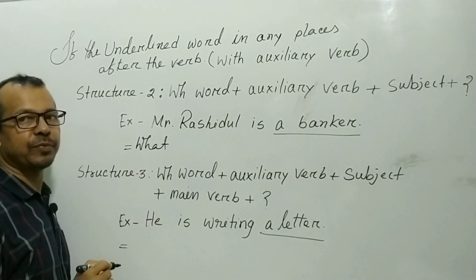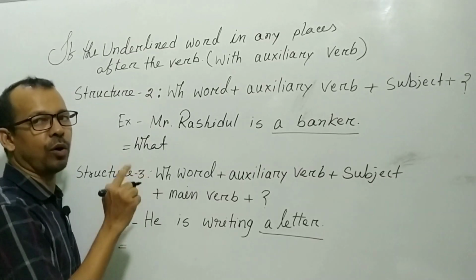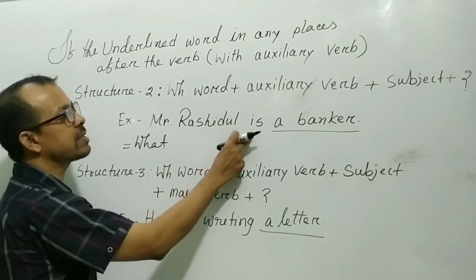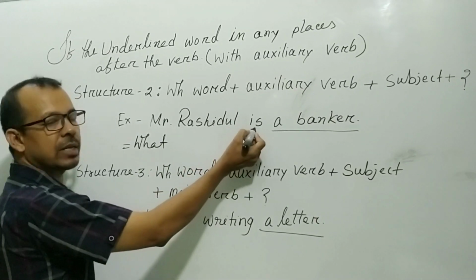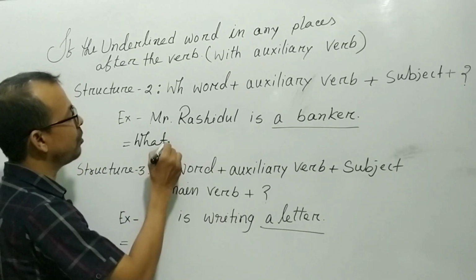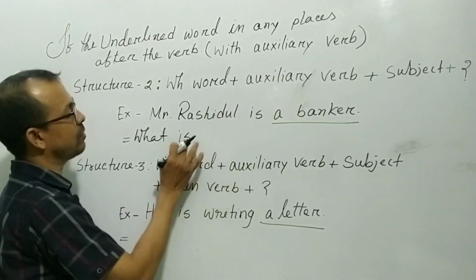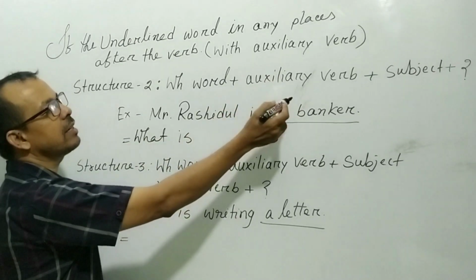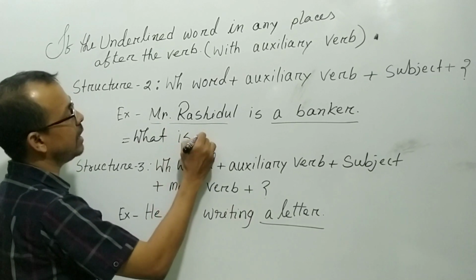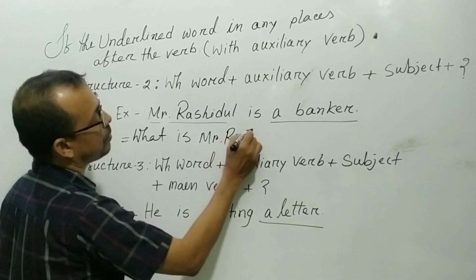Then you have to find out whether there is any auxiliary verb in the sentence or not. Can you see here? "Mr. Rashidul is a banker." Here "is" is an auxiliary verb. So write here the WH word and the auxiliary verb: "What is." Then the subject of the sentence, that means "Mr. Rashidul Islam." Write here "Mr. Rashidul Islam."